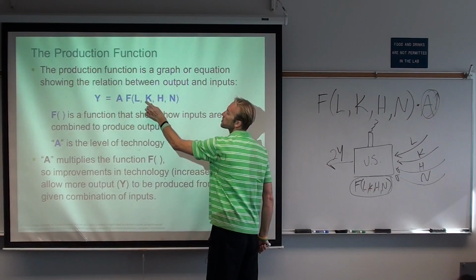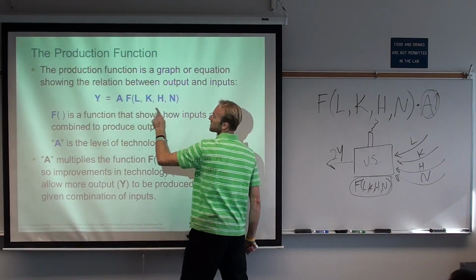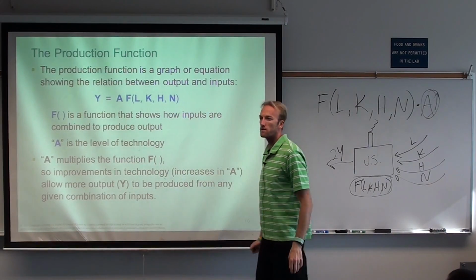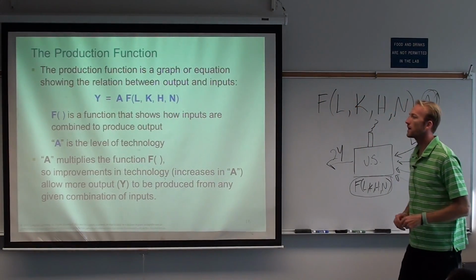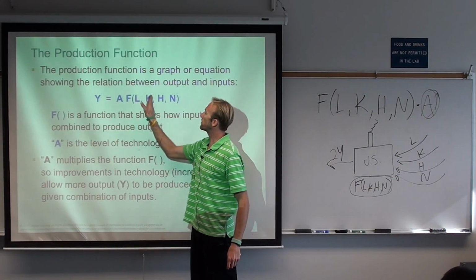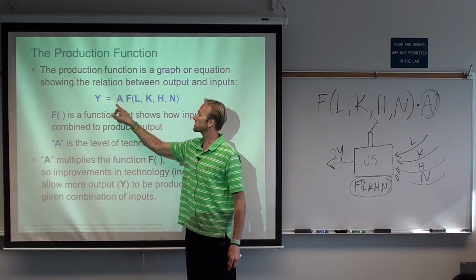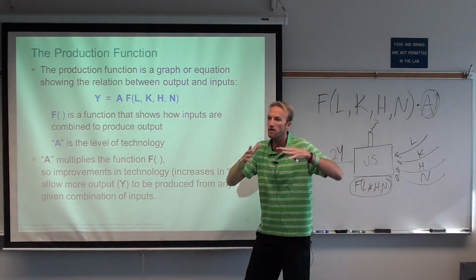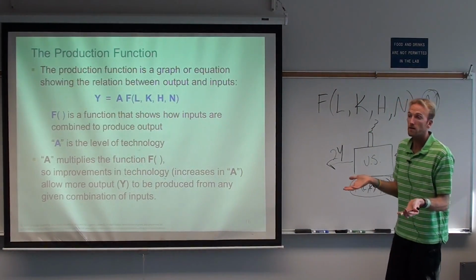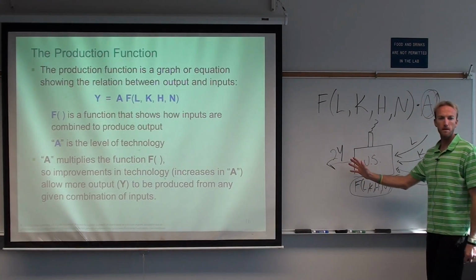And this stuff is just all the stuff that we see entering the factory every day, and this function tells us that it just spits out, and then we get some sort of GDP. Okay? And so that's why the A is on the outside, and all the L, K, H, and N are on the inside, because these things go into the factory, and the A is just some sort of technological progress that I'm not exactly sure what happened. Okay? Does that kind of make sense? How to think about this?